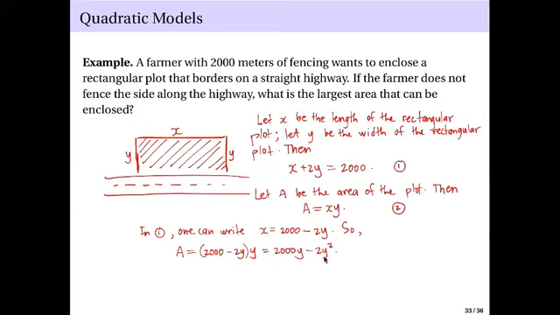So look at this. We want to find the largest area, and this will give us the area. So the question is, can we have a largest area, if the quadratic model of that area is given by this? Now, observe.